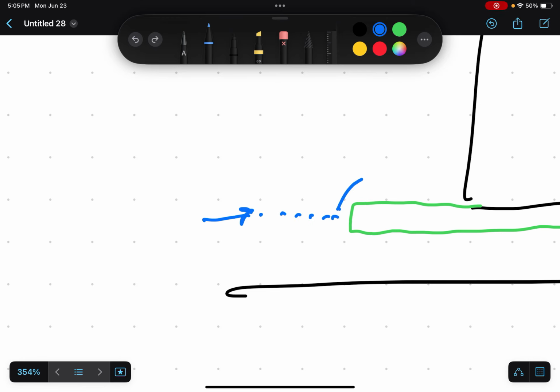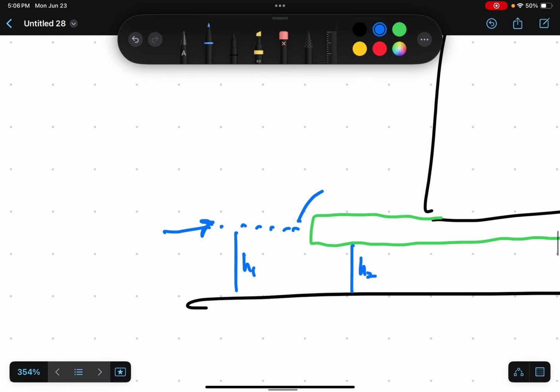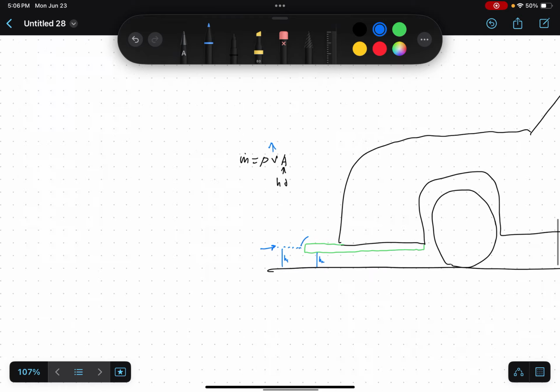But now the part that goes below goes from this H1 to this H2, and they're not as drastically different as they were with a super thick front splitter that was really low to the ground. As a result, the velocity increase will not be as much, the pressure decrease will not be as much, and the downforce will not be as much as with a super thick front splitter that's really close to the ground.